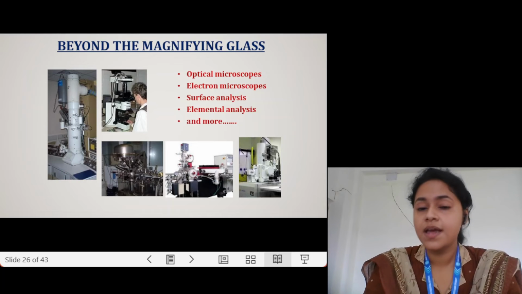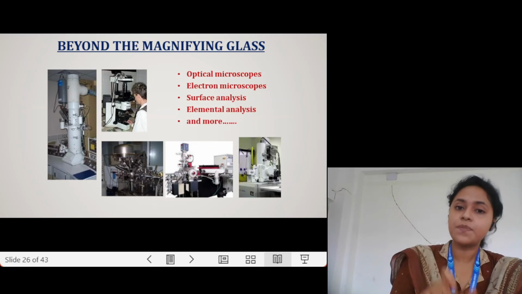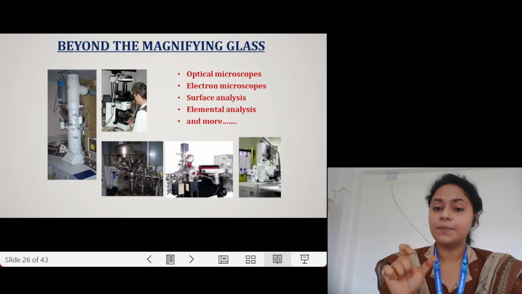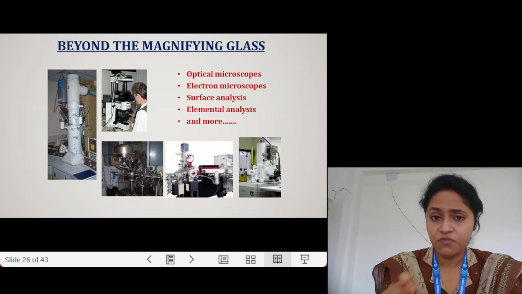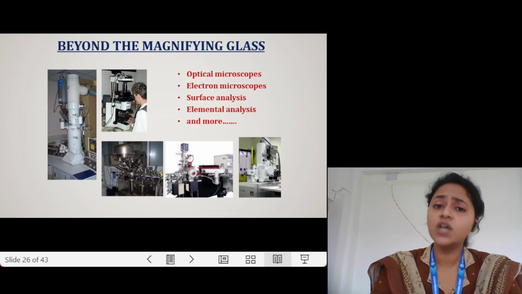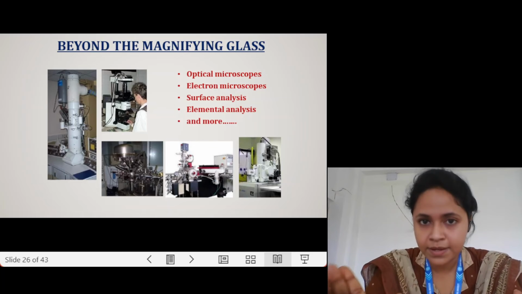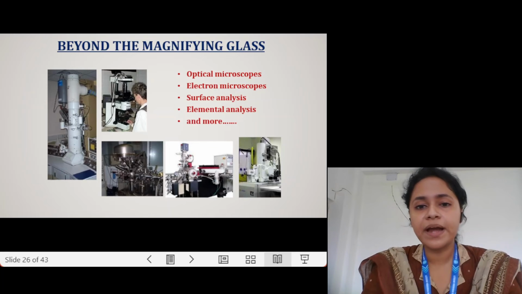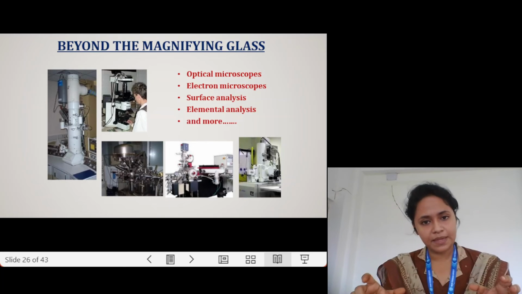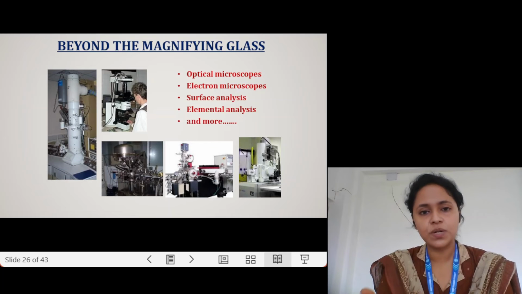What is the actual working principle of these? The main thing is that they act on the principle of electrons. For example, in your optical microscope, what is the main thing? Light is the main thing; by using light, you are visualizing things.